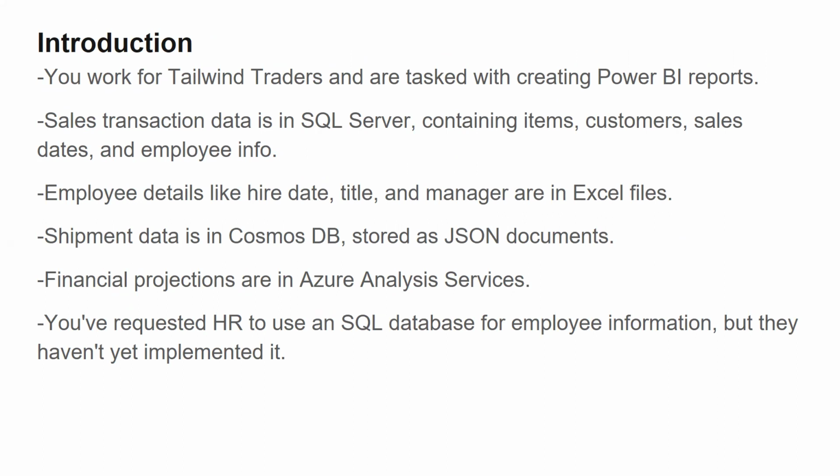there are so many databases that you can work with. Right, so you can use Power BI reports using Tailwind Traders, or even you can use MTA. So you need to manage Excel files. You can manage from Cosmos DB, a Cosmos database using JavaScript Object Notation documents. So you have requested HR to use an SQL database for employee information, but they haven't yet implemented it, right?